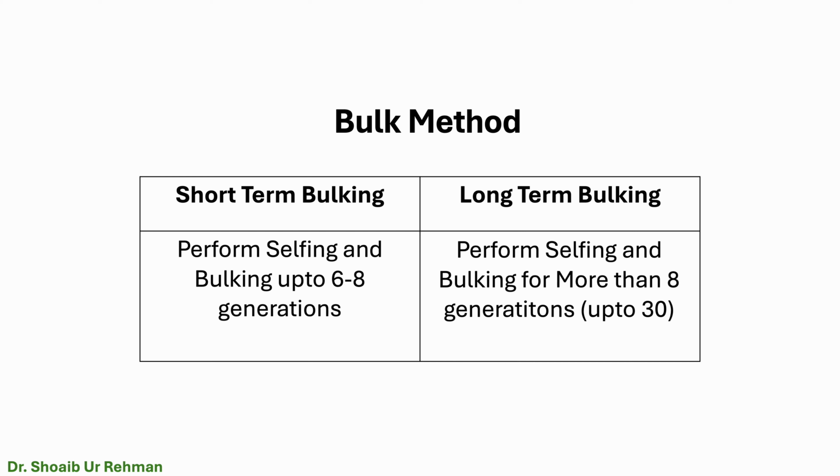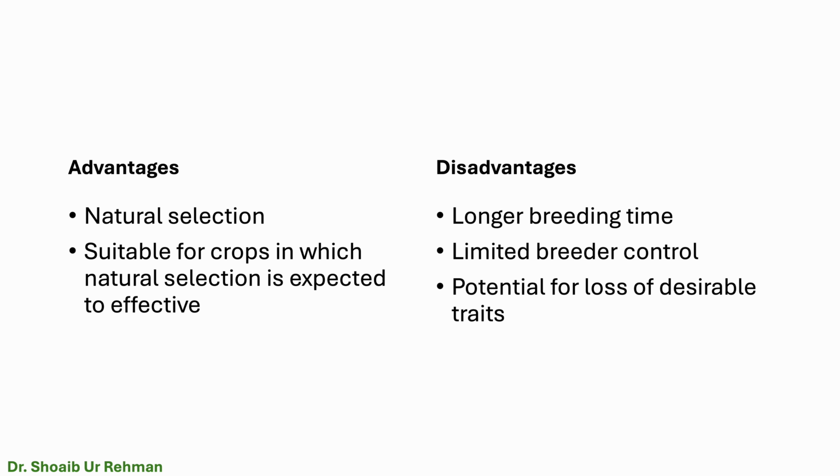Normally, the long-term bulking method is not followed around the globe. Normally, the short-term bulking method is followed, so that you can have a variety by the conventional method in 13 to 14 years. So let's have a look at the advantages and disadvantages of the bulk method.